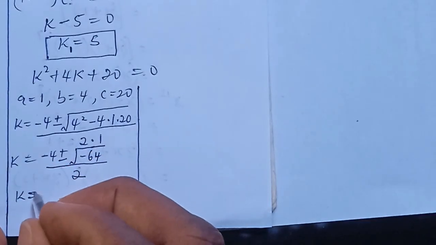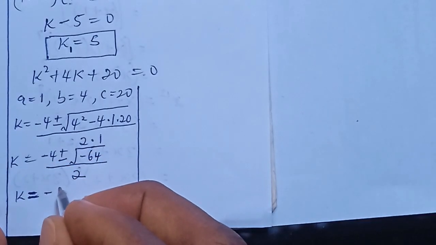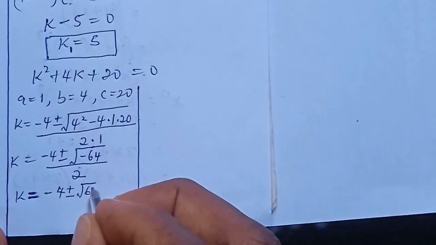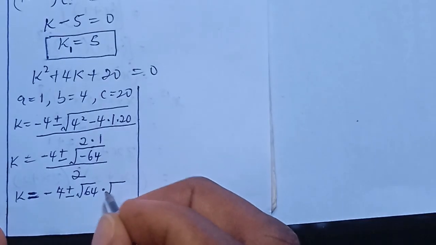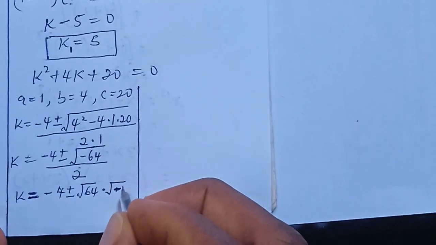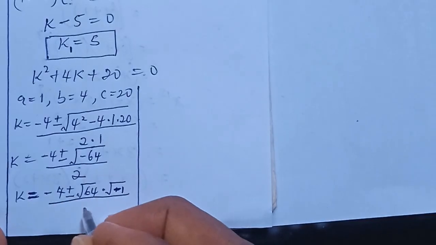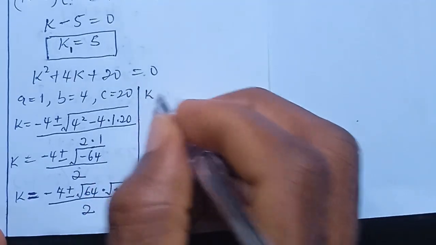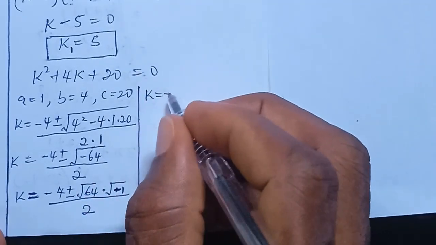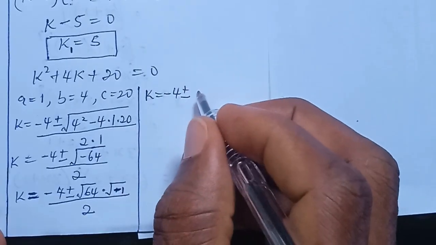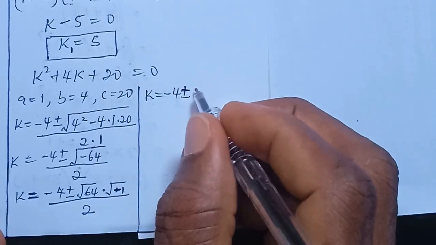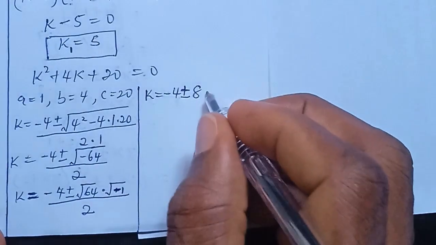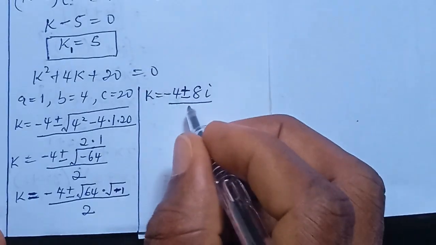So this is what we have now, and we can split this as k equal to minus 4 plus or minus square root of 64 multiplied by square root of minus 1, over 2. And this can be written as k equal to minus 4 plus or minus square root of 64, which is 8, then square root of minus 1 is i, over 2.